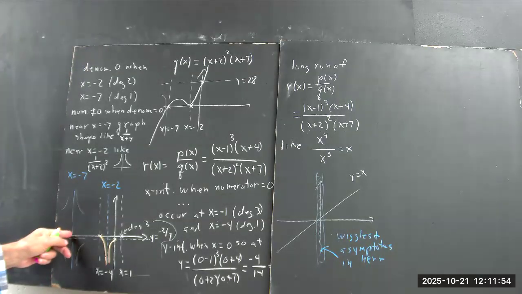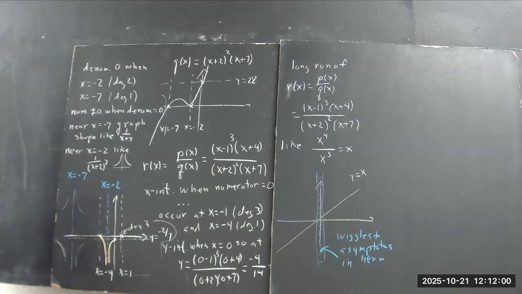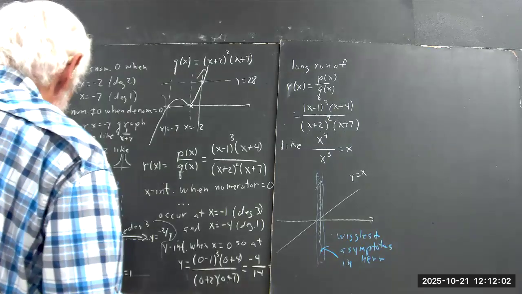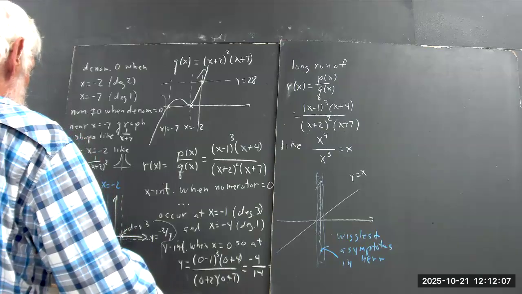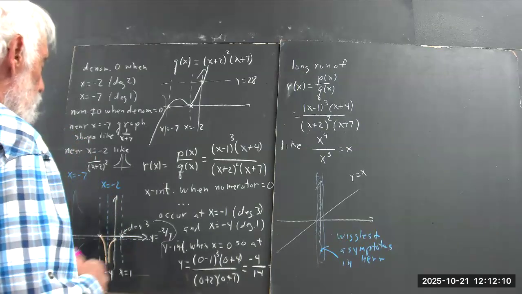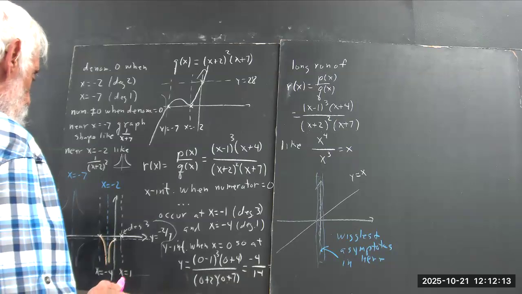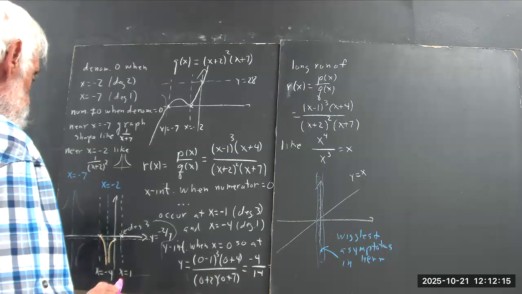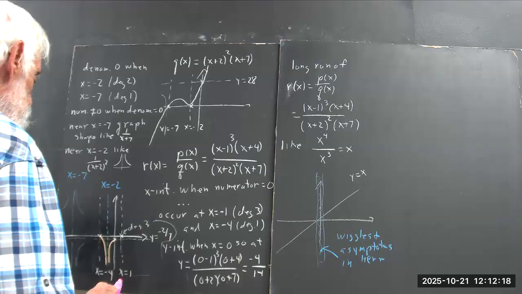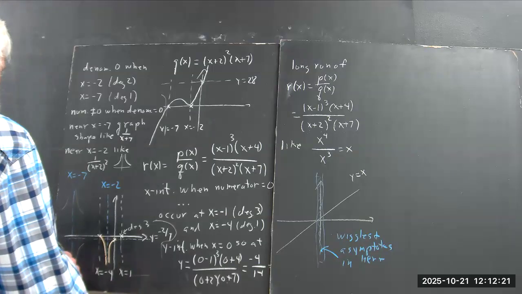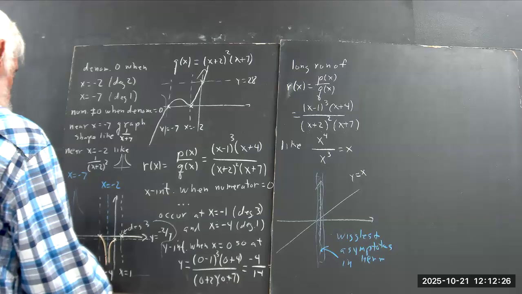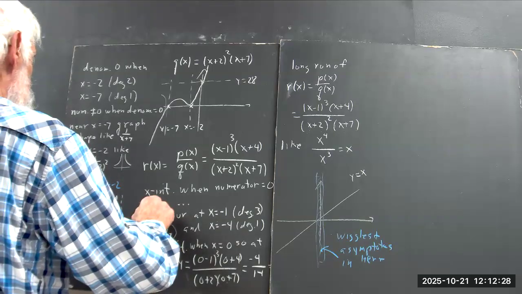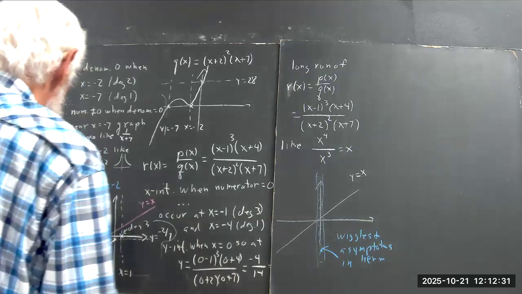Now, what happens at this asymptote? If the overall behavior is like the y equals x function. Now, I've got a problem with scale here. I'm just going to say, I'm exaggerating things, and this is not exact. This is kind of like y equals x.